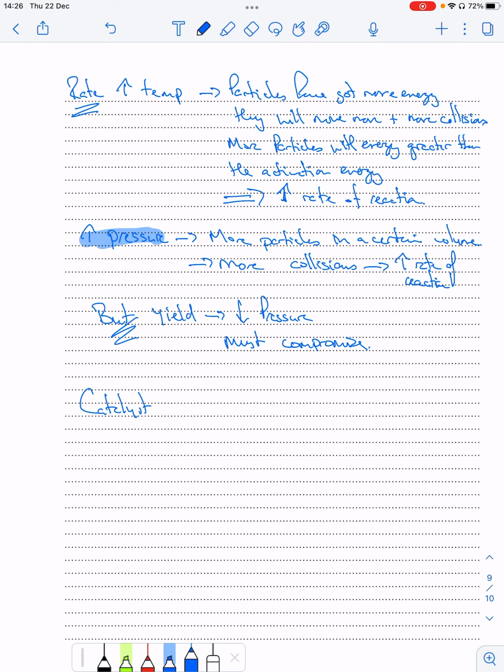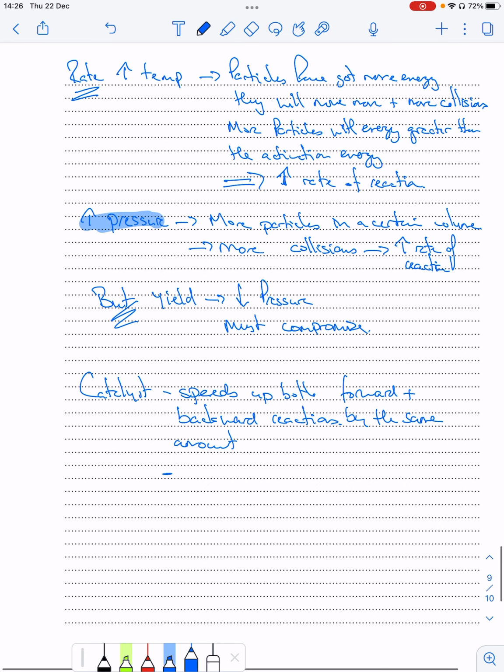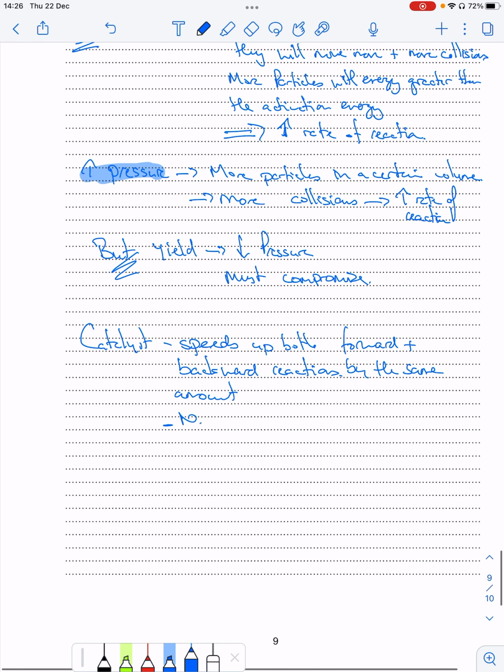What we haven't talked about yet in detail is a catalyst. So catalyst, why are catalysts good? Well, what they do is speed up both the forward and backward reactions by the same amount. So catalyst will speed that up, and what that means is there's no effect on the equilibrium position.